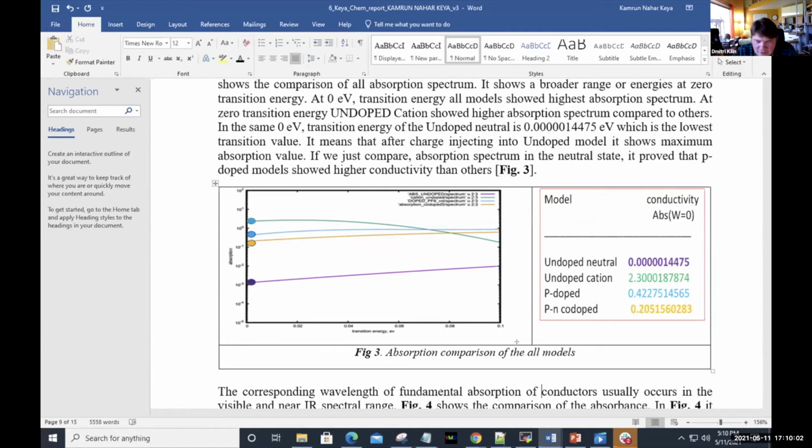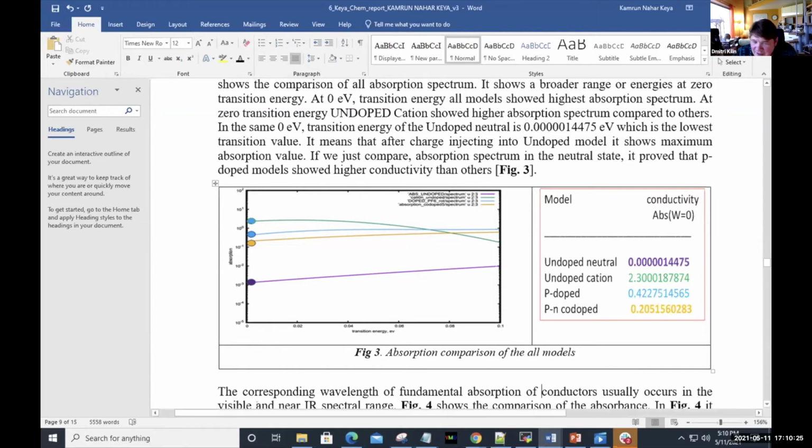So in some sense, absorption spectrum tells about resonant conditions. And in this specific example, it tells if there are some resonant transitions with 0 frequency, which is available only in metals.